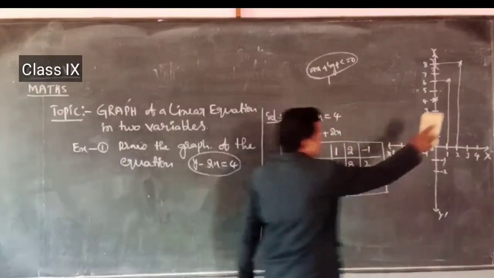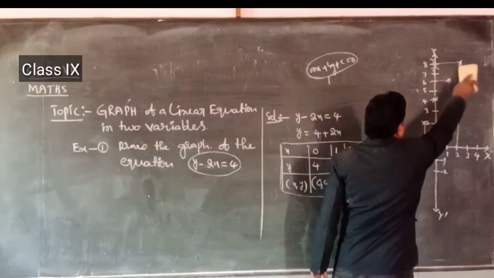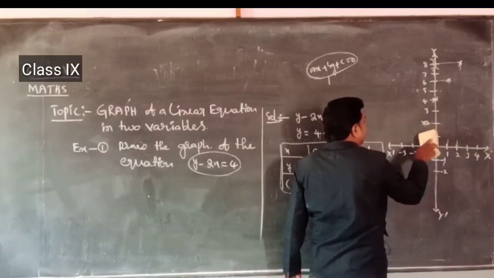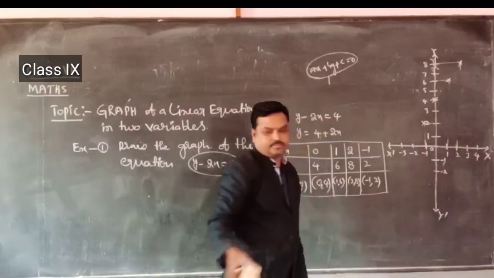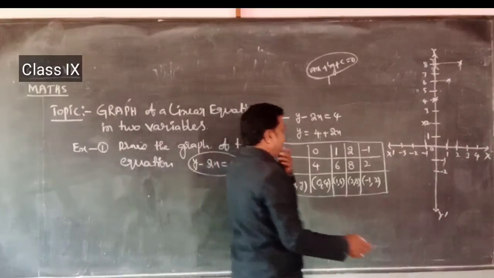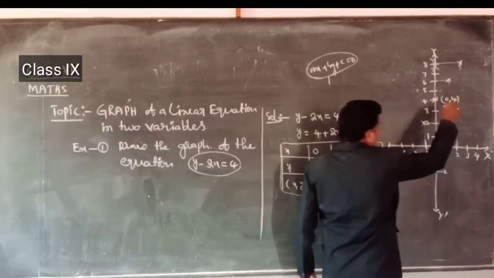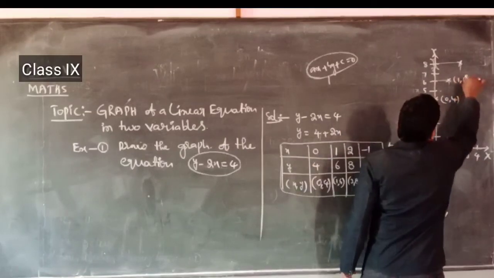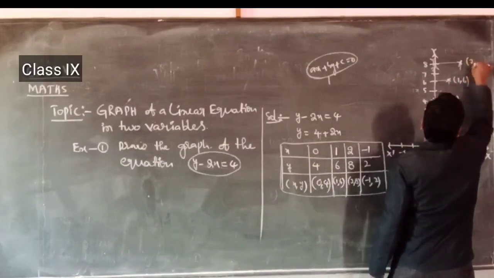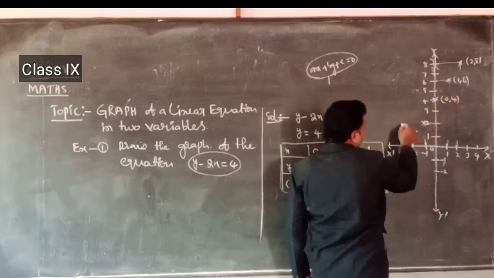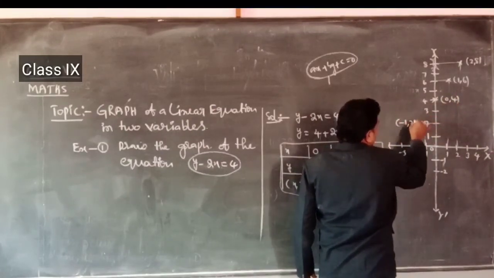Don't draw lines like these on the graph sheet; the square boxes are already given. Now first is (0, 4), second is (1, 6), third is (2, 8), then the fourth one is (minus 1, 2).